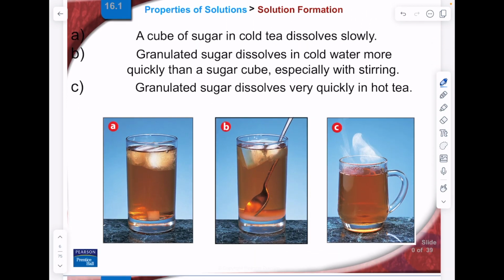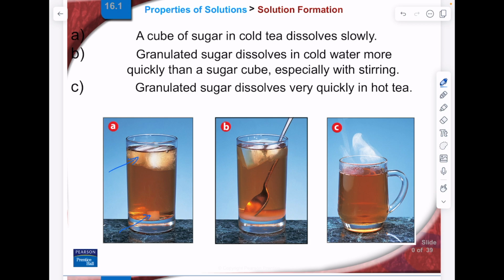For example, if you have a glass of iced tea, and you want it to be sweetened iced tea, especially if you're from the South, you could put a sugar cube in there. Now, that sugar cube does not have an awful lot of surface area. It's hardened, and it'll take a while for that to dissolve on its own.